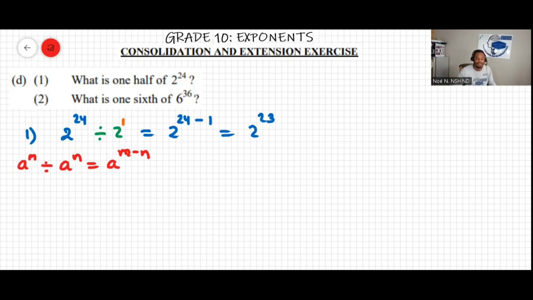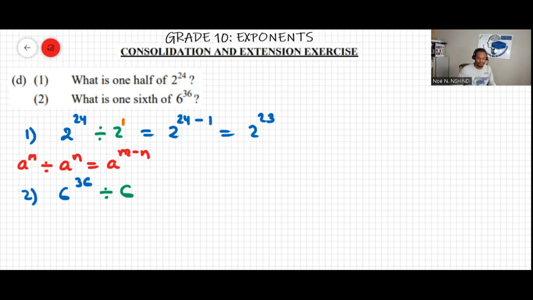Now, question 2 says, what is 1/6 of 6 to the power 36? So 1/6 of it means divide by 6, or multiply by 1/6, the same thing.